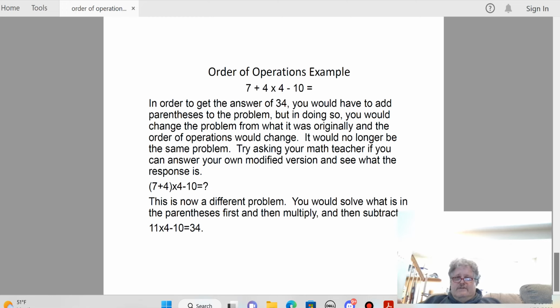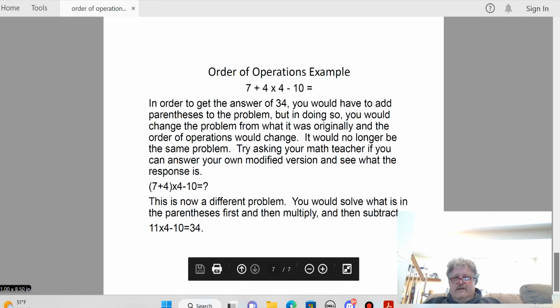But you can't just add parentheses wherever you want. What I mean is you cannot add them where it changes the order of operations. There's nothing wrong with putting parentheses around the 4 times 4. It's redundant. It doesn't do anything for you, but it's not necessarily wrong. I've seen people freak out if I put parentheses around this 4 times 4 in the problem.